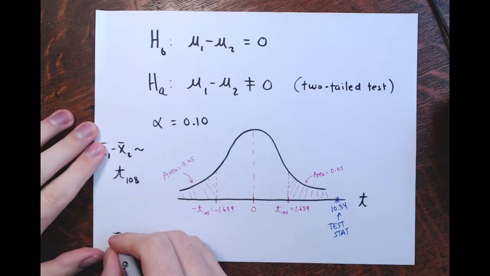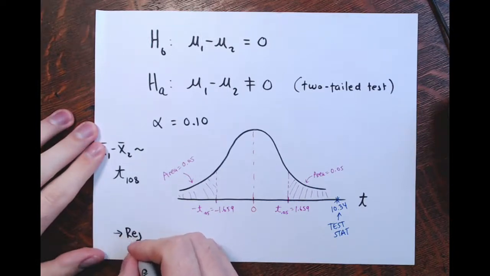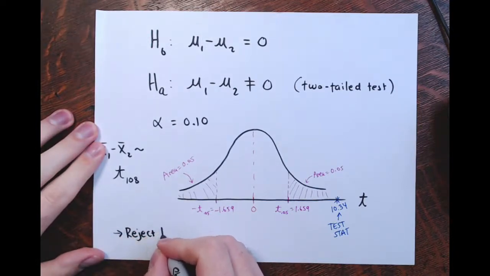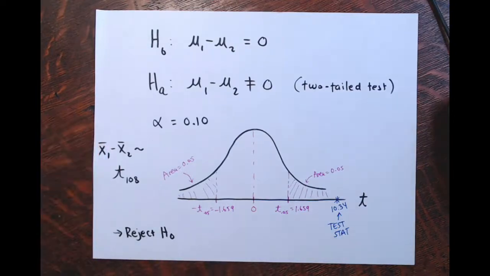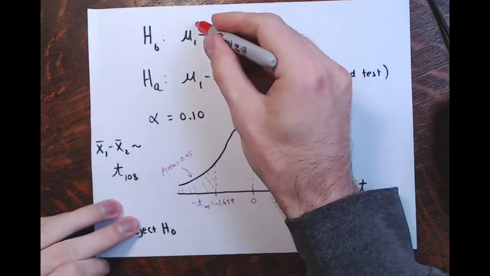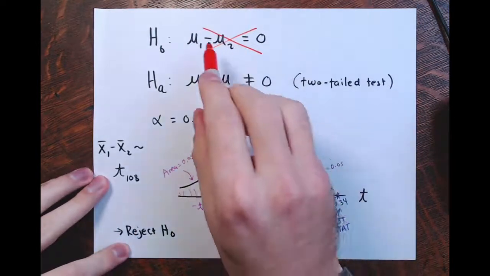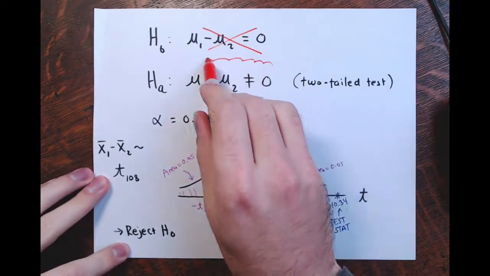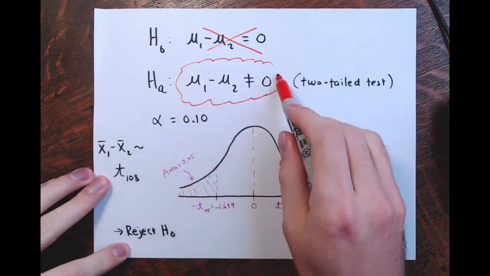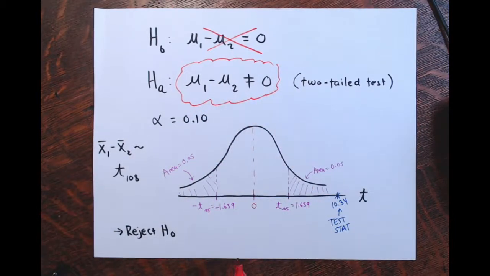So that means I would reject the null hypothesis when I make that decision. Now, if we're rejecting the null hypothesis, I'm going to cross it out, it means we're going to accept the other one, the alternative. We're going to lean more toward that and say the evidence supports that.